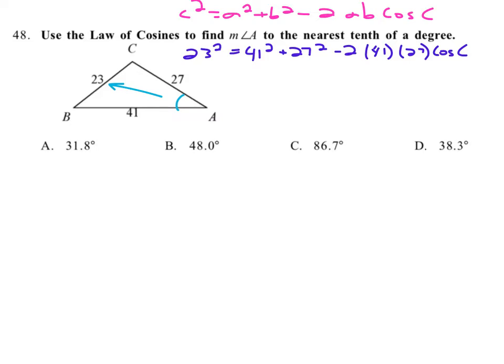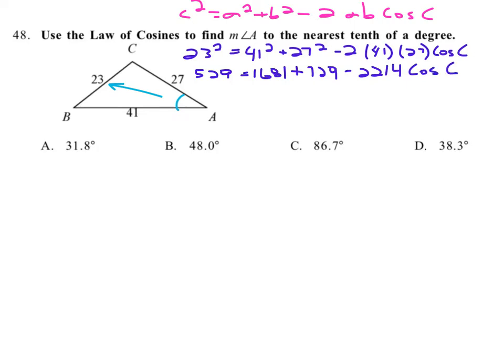We're going to do 23 squared, and we get 529. So I'm going to write that in there. 529 equals 41 squared, 1,681, plus 27 squared, 729, minus 2 times 41 times 27 is 2214. And remember, that's 2214 times cosine C. That's not a free number sitting by itself.